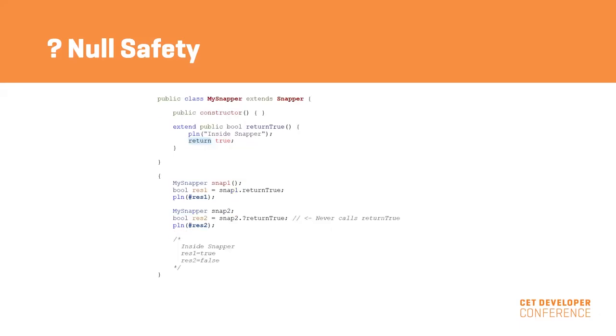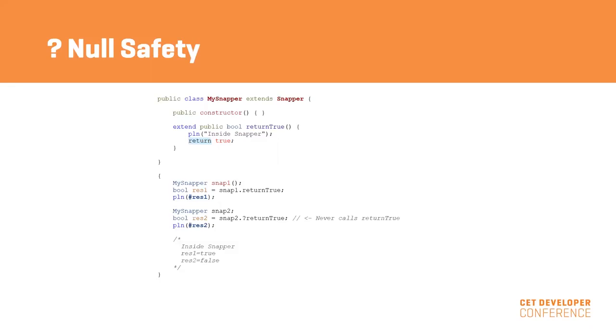Okay, finally, there's this question mark, which I'm probably sure everyone has seen here, but if not, what this is doing is checking my object to see if my object is null before making the method call. So if snap2 is null here, return true won't run, but it will evaluate to the default value of my method or function's return type.